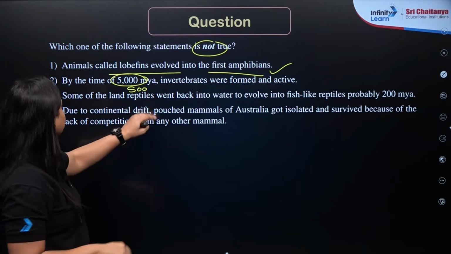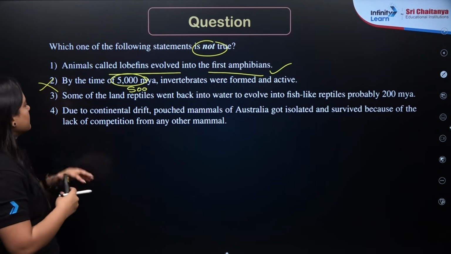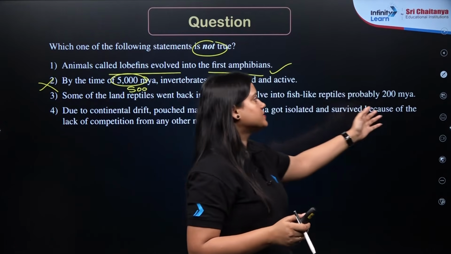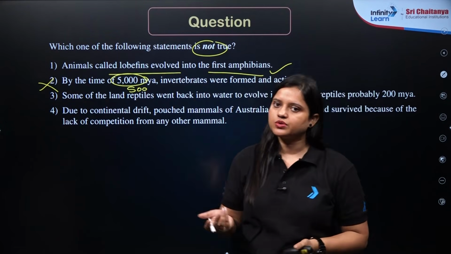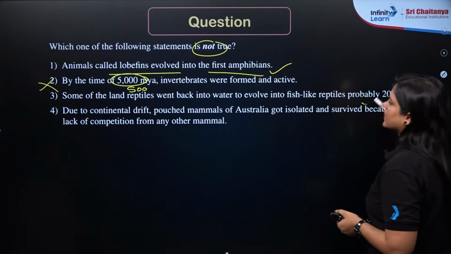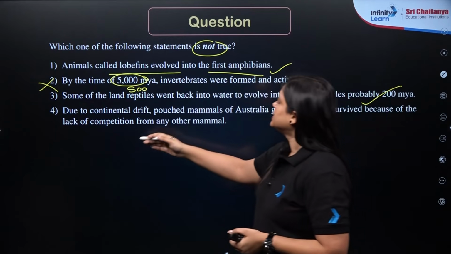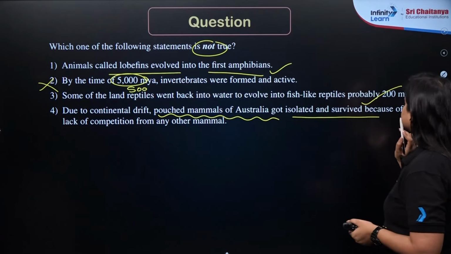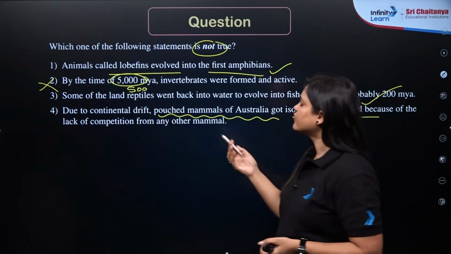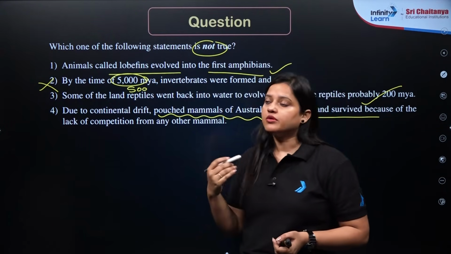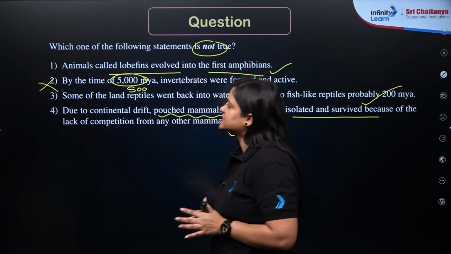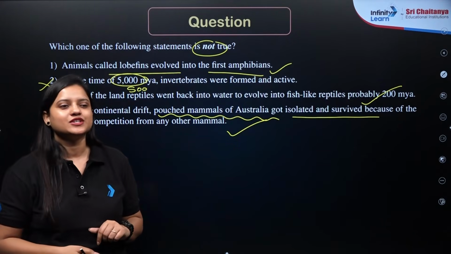Some of the land reptiles went back into the water to evolve into fish-like reptiles probably around 200 million years ago. That is true. And due to continental drift, pouched mammals of Australia got isolated and survived because of the lack of competition from any other mammal. That is also true. So we wanted the incorrect statement, that means the answer should be 2.